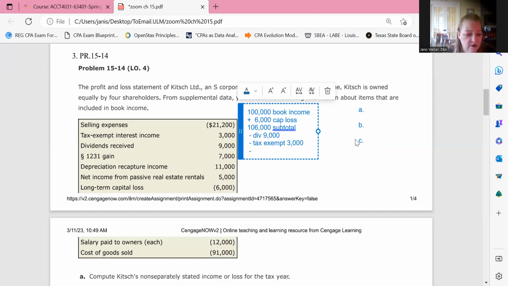Take out the code section 1231, which I'll mark as CS, the capital gains on the real estate, and so that's separately stated. And it was a gain. All these are income items that we're removing from this subtotal of income in order to get to ordinary income. And then the last one is the $5,000 passive rentals.